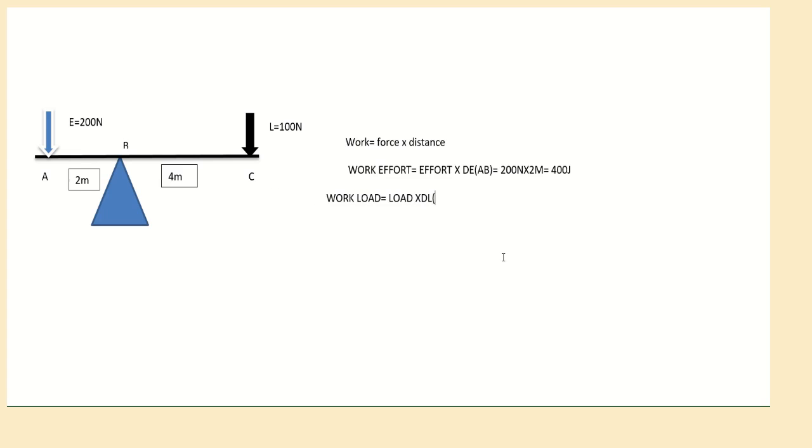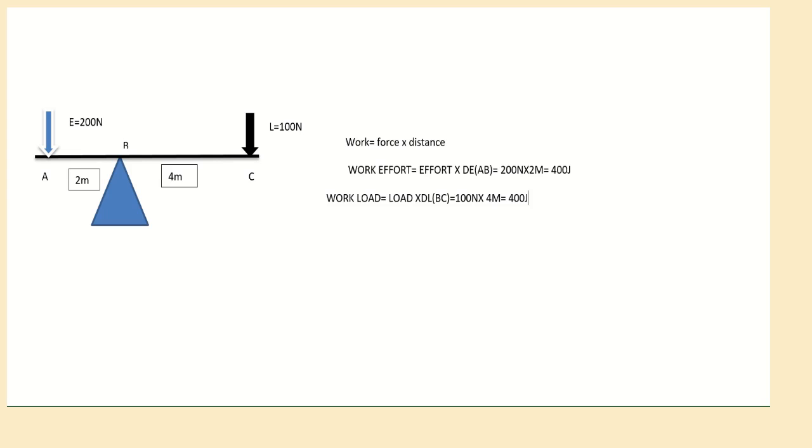In bracket, the distance moved by the load is from B to C, so put BC. So we have the load is 100 newtons times 4 meters, which will give you 400 what? Joules. So that's the work done by the load and the work done by the effort. That's how you should calculate the work effort and the workload.